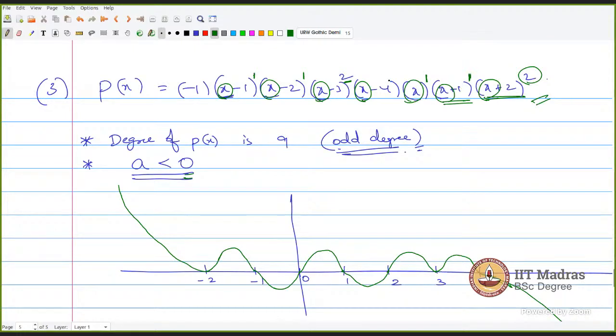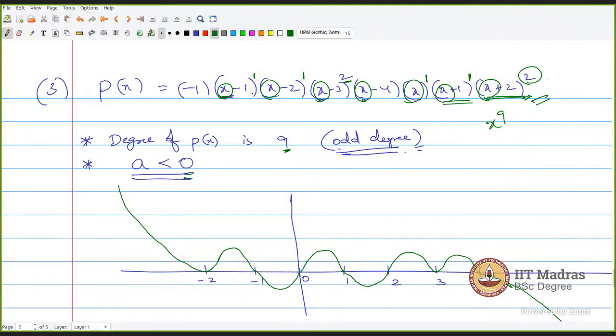So in order to get the highest power, you should multiply x with x. So when you know the degree, you will know that x power 9 is a term inside this polynomial, and that is the highest term I have. That is why I fixed the degree as 9. How did I get degree 9? All the powers of the terms are given; just add all the powers.